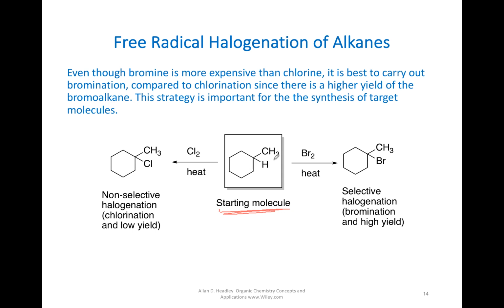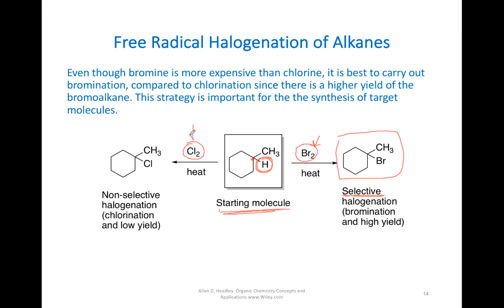If you wanted to substitute this hydrogen for a halogen to do some other reaction, the question is, would you use a chlorine or would you use the bromine? As we have just discussed, you would prefer to use the bromine because it is more selective for the tertiary CH bond. So this will be the major product.